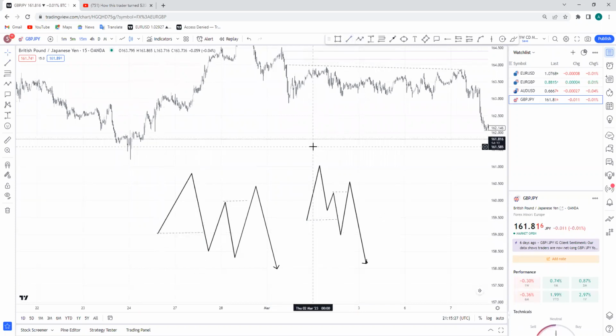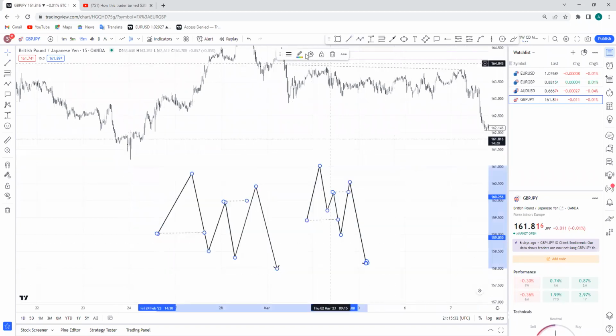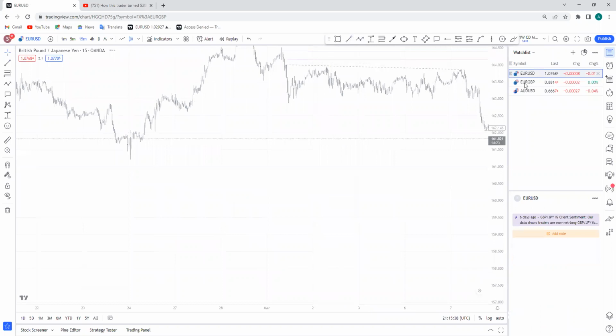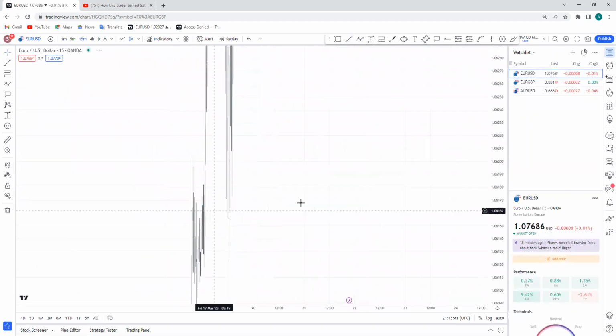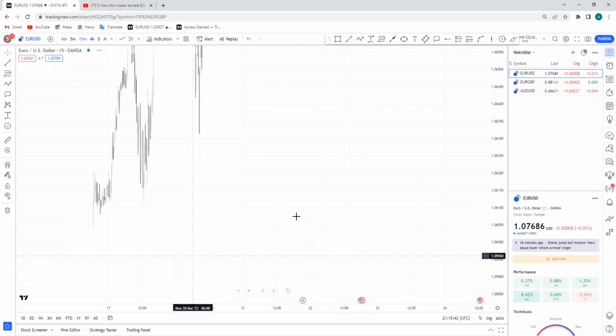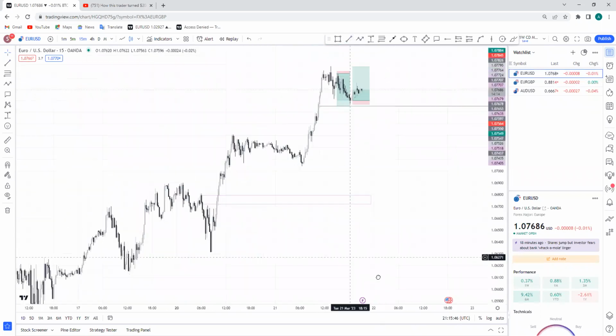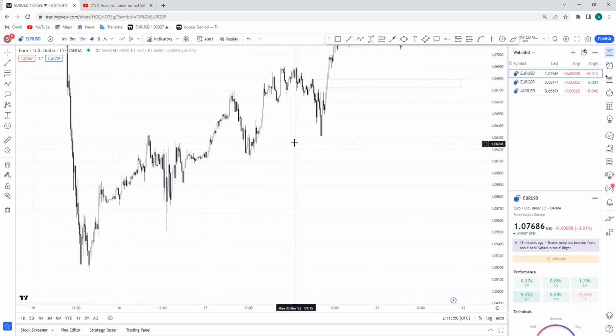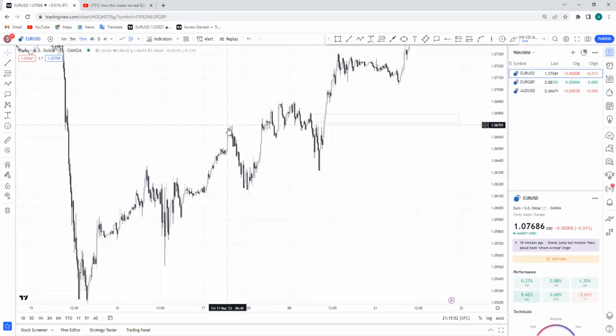Can you see? Now, let me look for an example on EU. Okay. Now, we have a break of structure here. We have a break of structure here. A break of structure here.